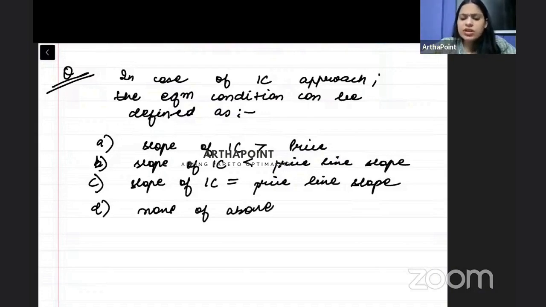What is the general condition of consumer equilibrium that we see in this case of finding the equilibrium for the consumers? Okay, so you're saying C. Anyone else? C. Everyone is with C?